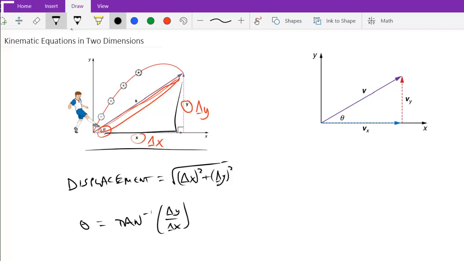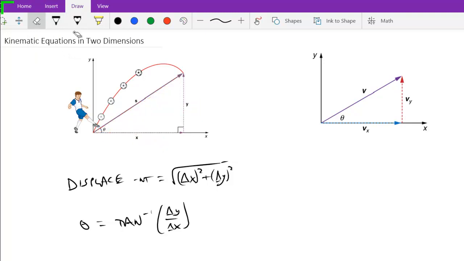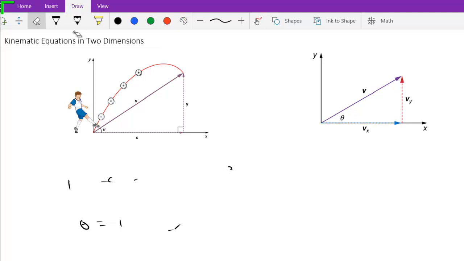If we were given it differently, let's say instead of being given delta y and delta x, we were given the magnitude and the angle, then we could find the y displacement. We can say that delta y would be equal to the magnitude of the displacement, s, times the sine of the angle theta.